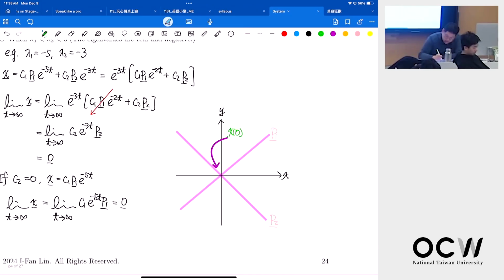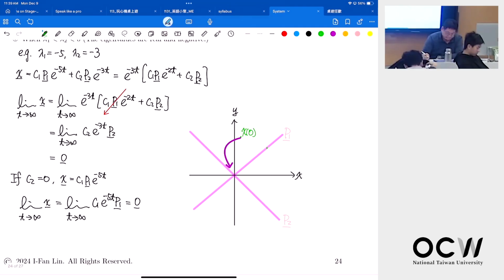Suppose the initial value is on P1, like here. Then when t goes to infinity, they'll also shrink to 0.